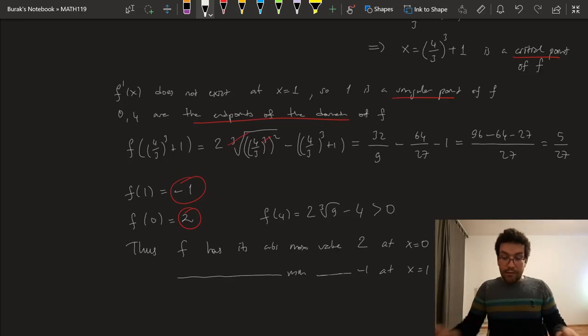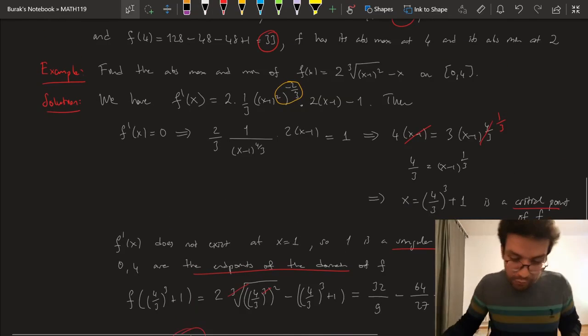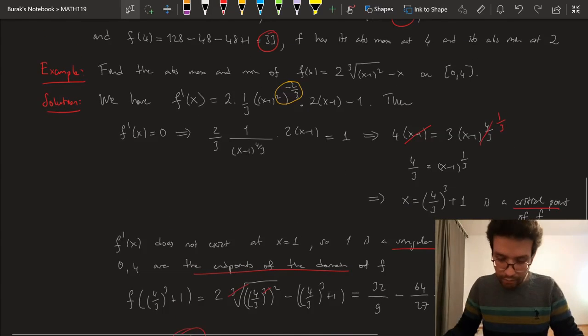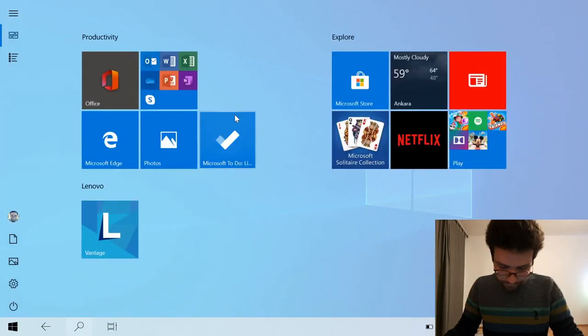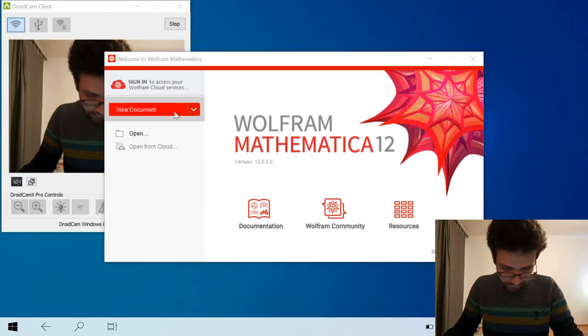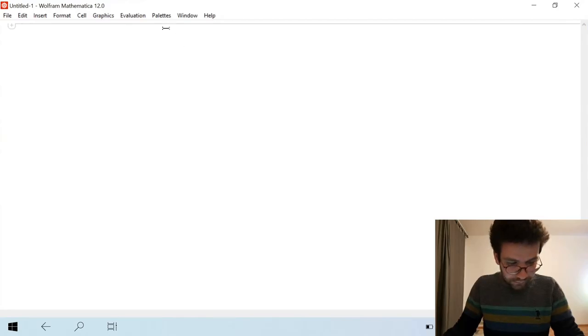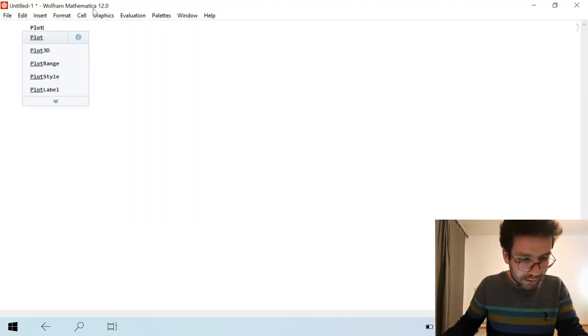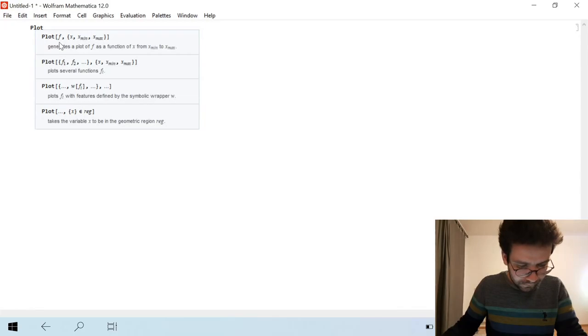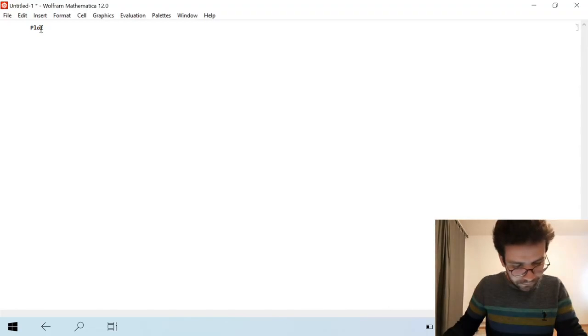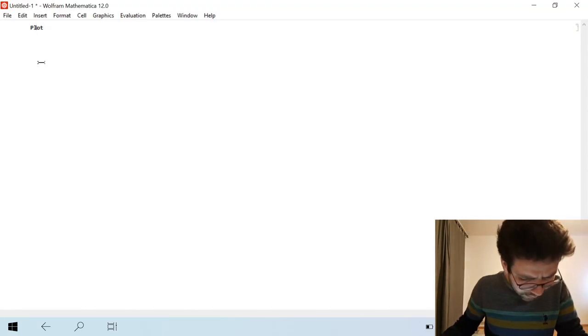So if you want, let me show you how this function looks in Mathematica. New document, plot. Okay, I can't click this for some unknown reason.